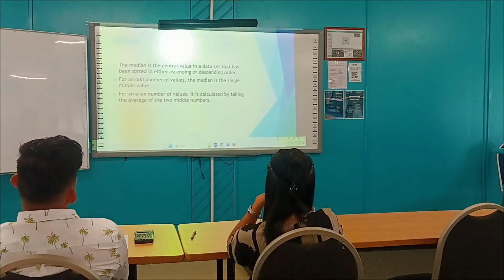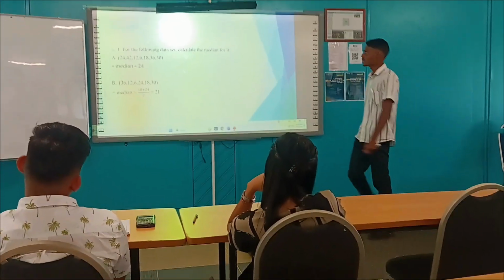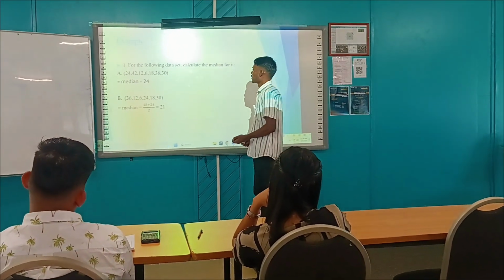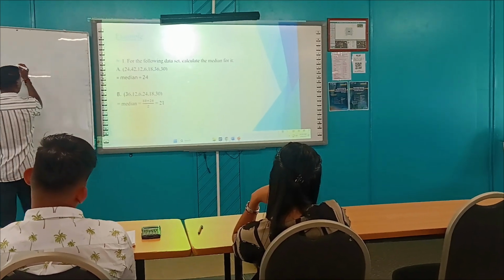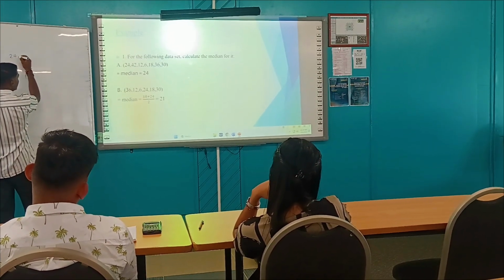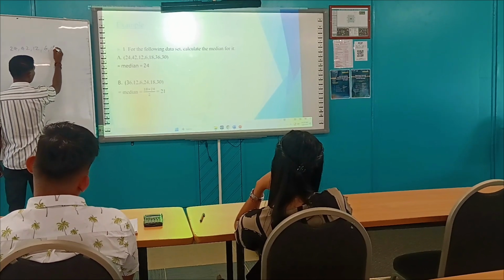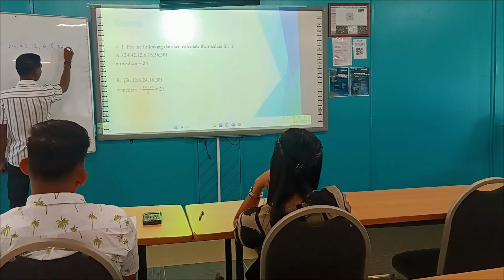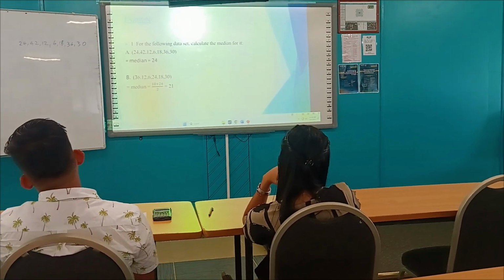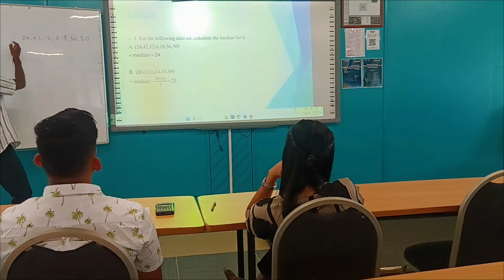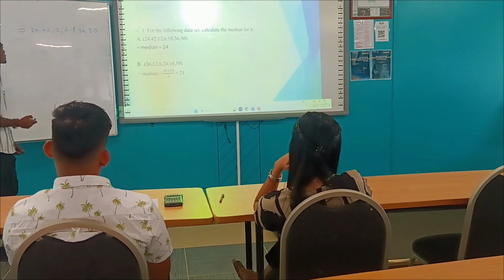Now we will look at an example. For example, in this case, we have 24, 12, 6, 18. The first step in this case, we have to arrange these scores in ascending order from smallest to largest.